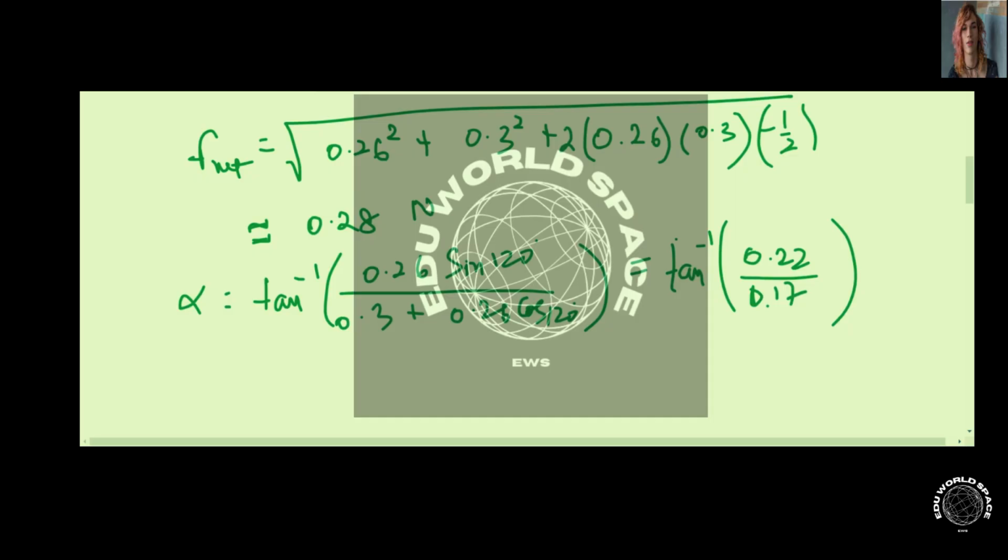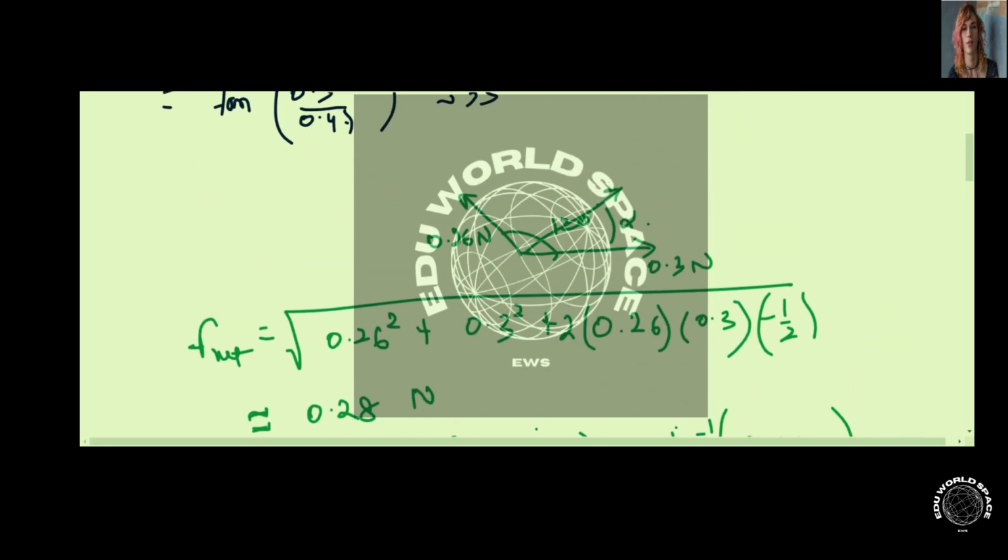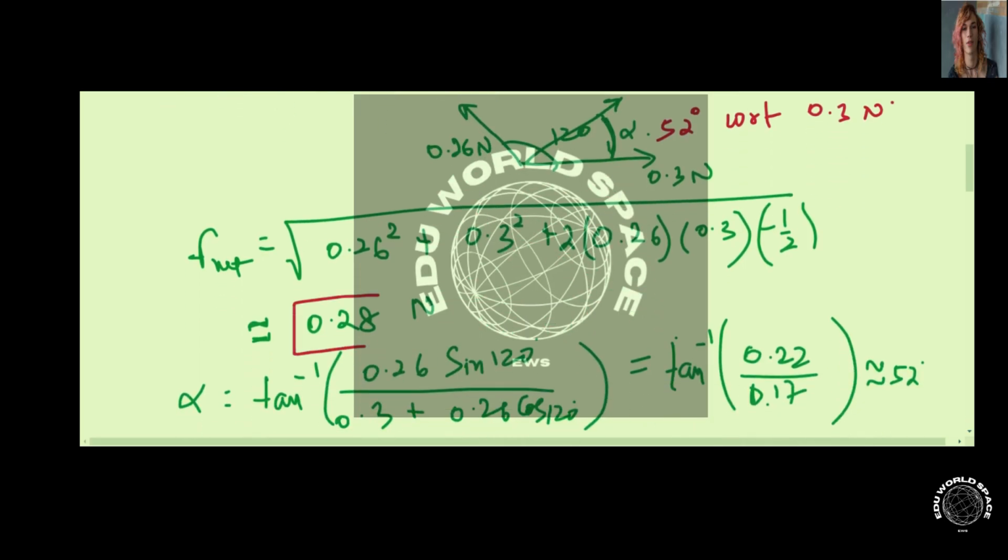And here we find the tan inverse of 0.22 over 0.17. Taking the tan inverse, we get approximately 52 degree. That means the direction will be at 52 degree with respect to 0.3 Newton force, and the magnitude will be 0.28 newtons.